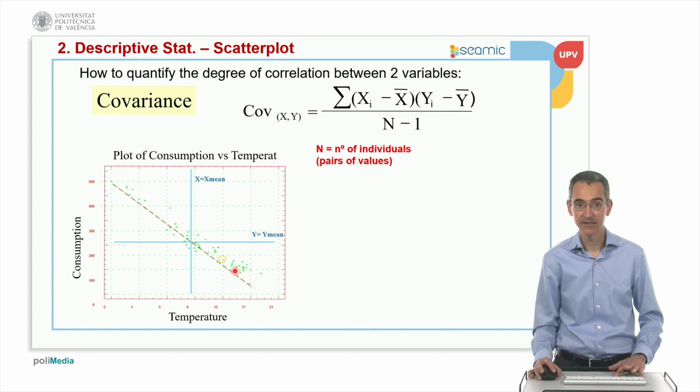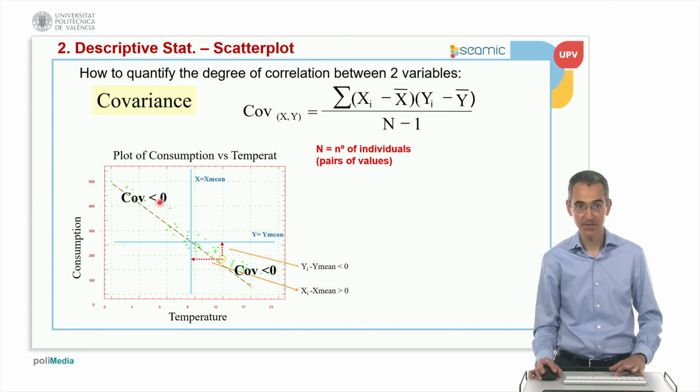And then we can focus on a specific point, and we have that the y of this point minus the average of the y is negative, but the x value minus the average of the x is positive. So when we multiply both terms, it becomes negative. So in this sum, for all of these points, I'm summing something which is negative.